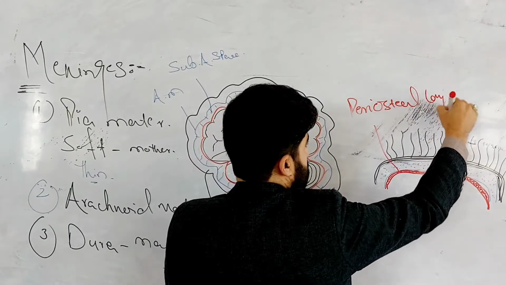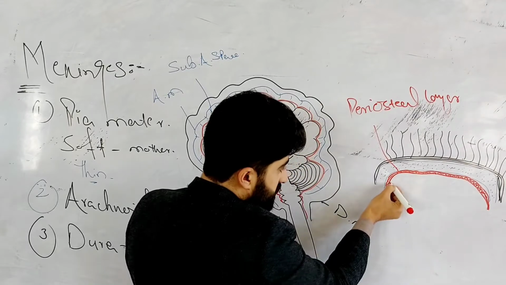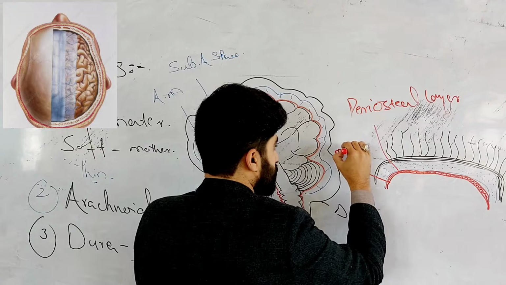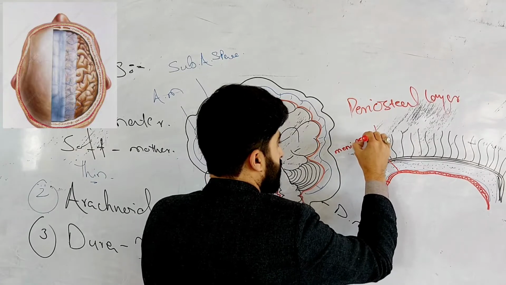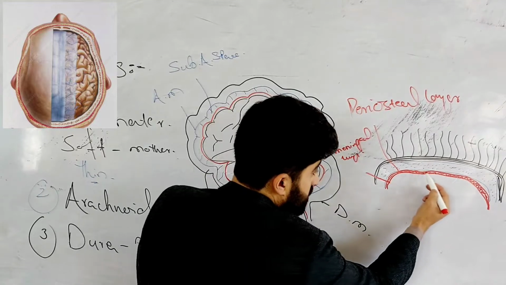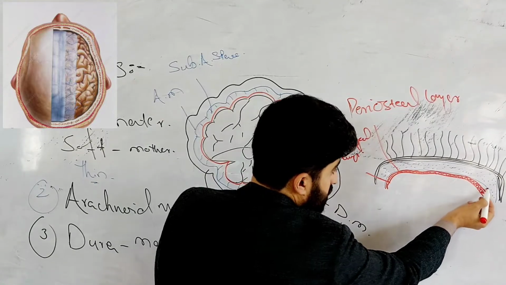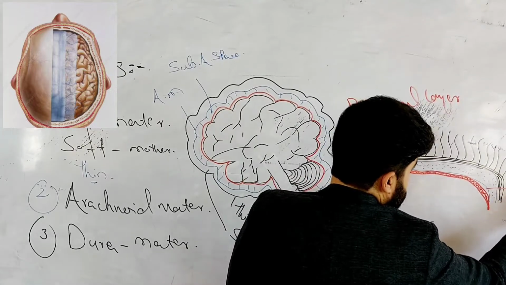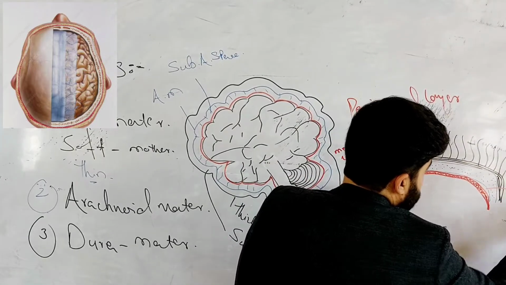And this edge, this one is the meningeal layer. And the space in between these two, this is the epidural space. Epidural space.